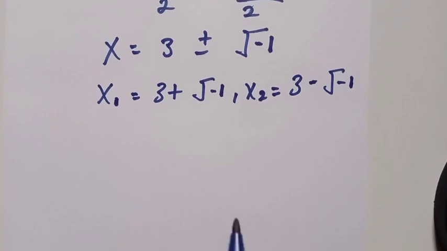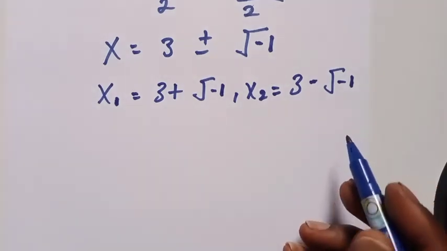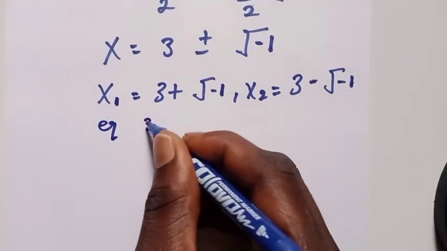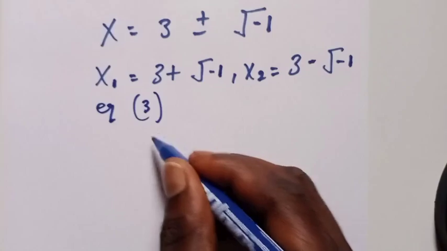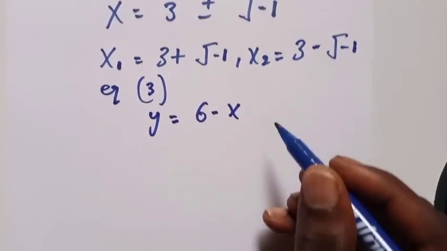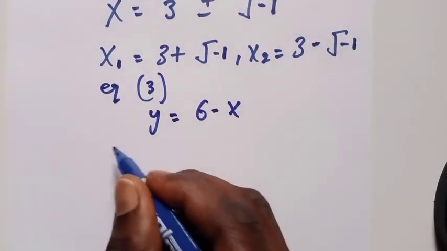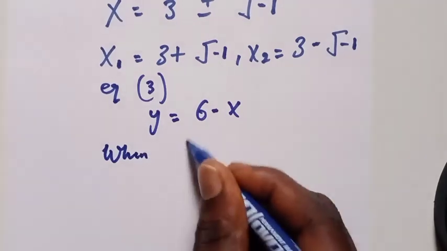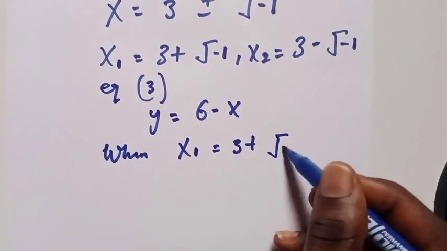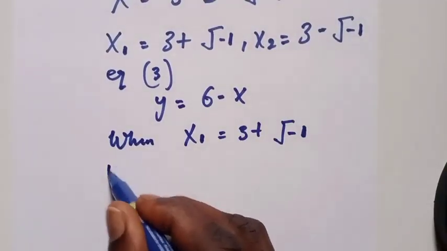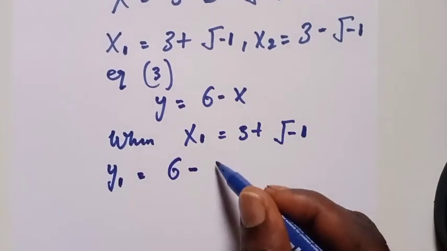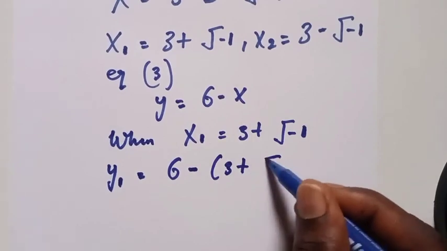To find the values of y, we substitute these values of x into equation 3. In equation 3, y is equal to 6 minus x. Now when x1 is equal to 3 plus root minus 1, y1 will be equal to 6 minus (3 plus root minus 1).